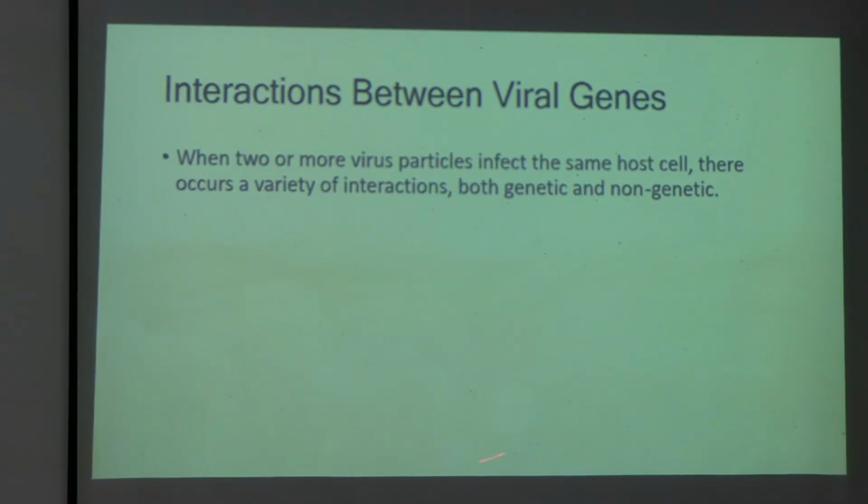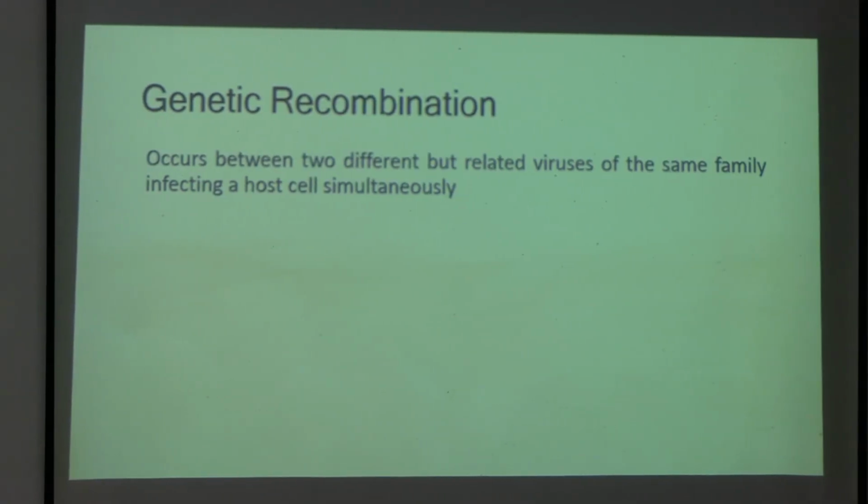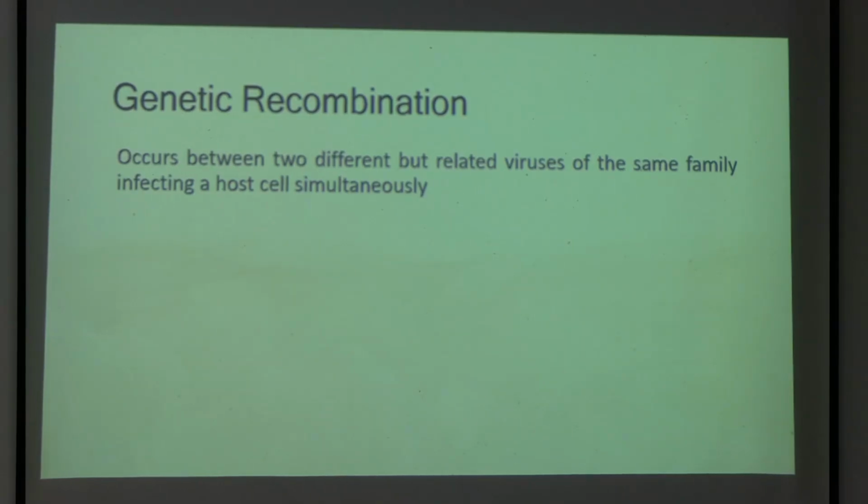Now, interactions between viral genes. Here, when two or more virus particles infect the host cell, there occurs a variety of interactions between genetic and non-genetic materials. Then there is genetic recombination. What is genetic recombination? It occurs between two different but related viruses of the same family when they infect a host cell simultaneously.